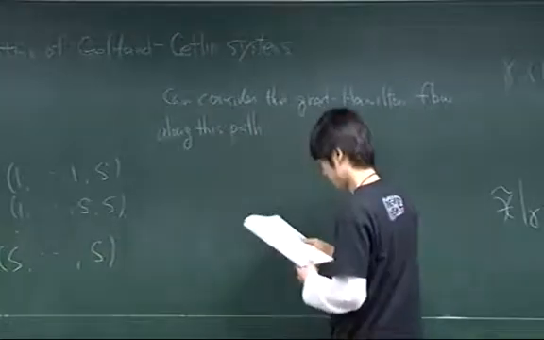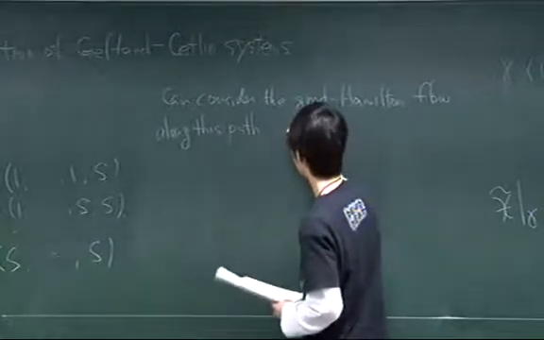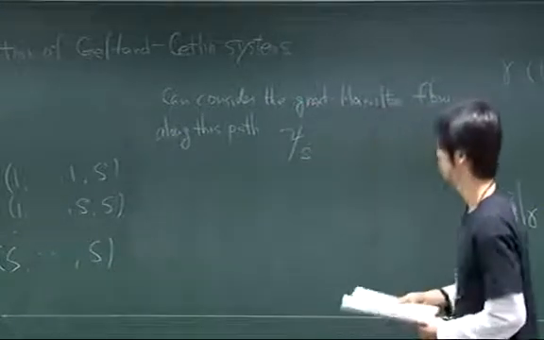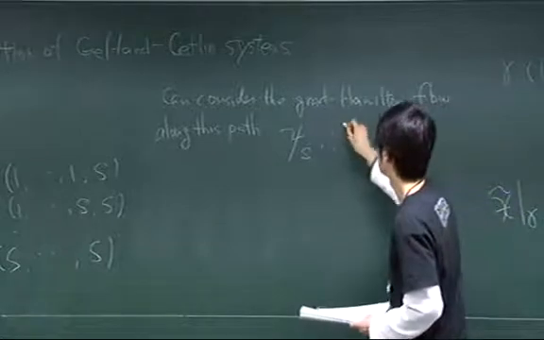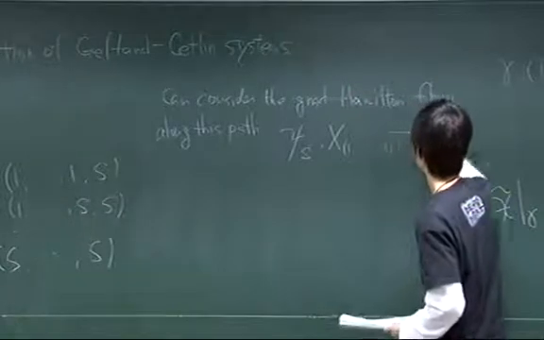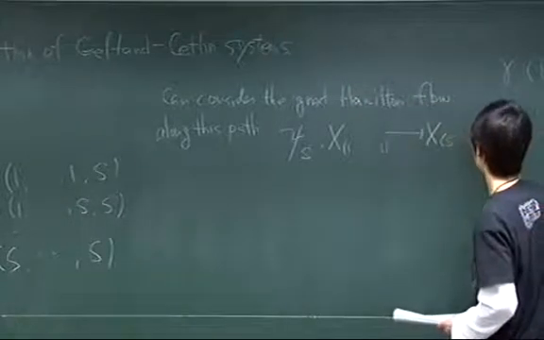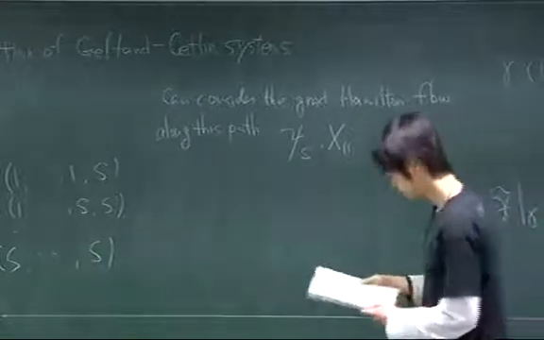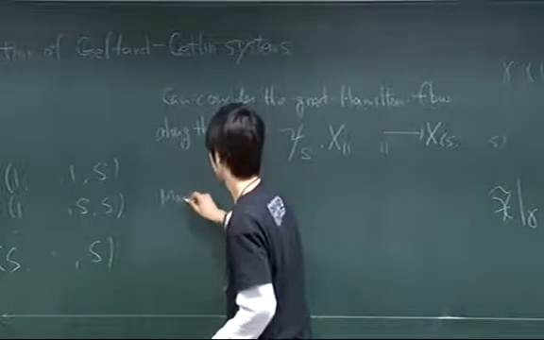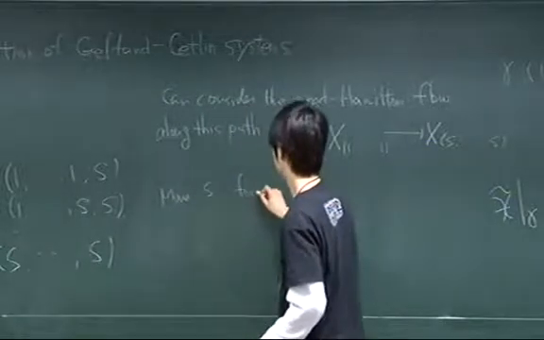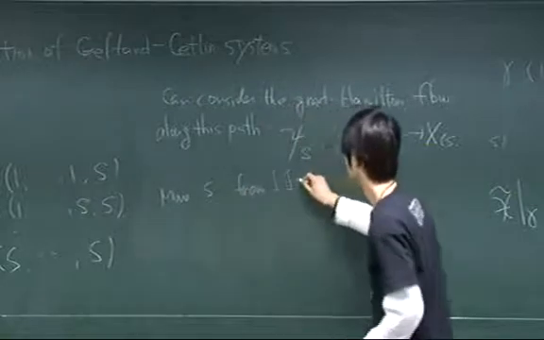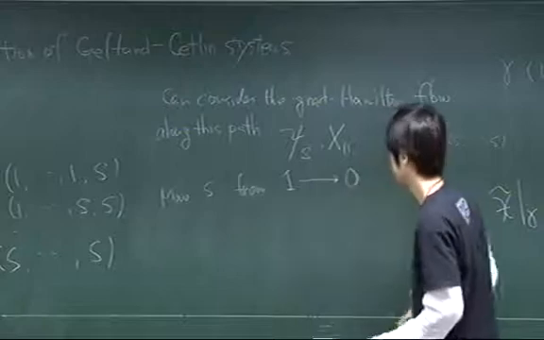We call this diffeomorphism phi s, which sends x 1 1 1 to x S S S. Then we move s from 1 to near 0.